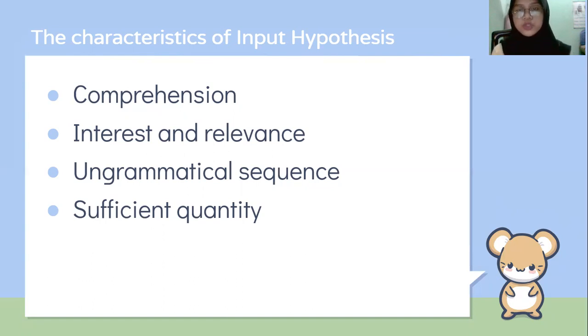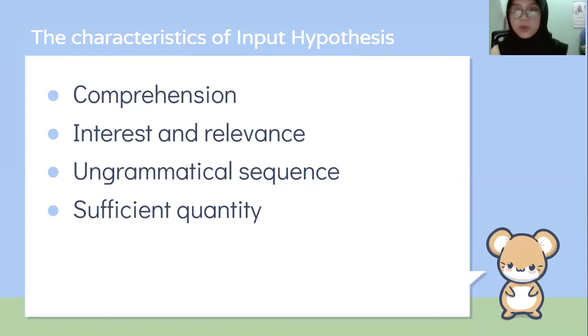We have to use the language as much as we can and expose ourselves to the language as much as we can. Of course, after we obtain the comprehensible input first. And by that being said, that is my explanation about input hypothesis.